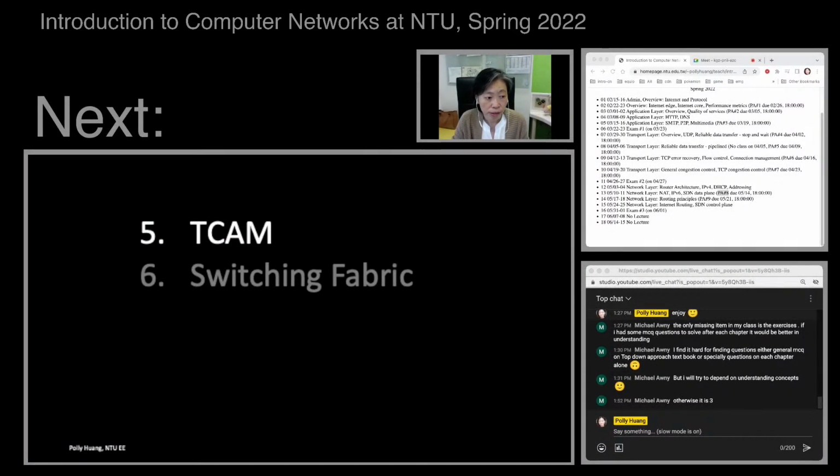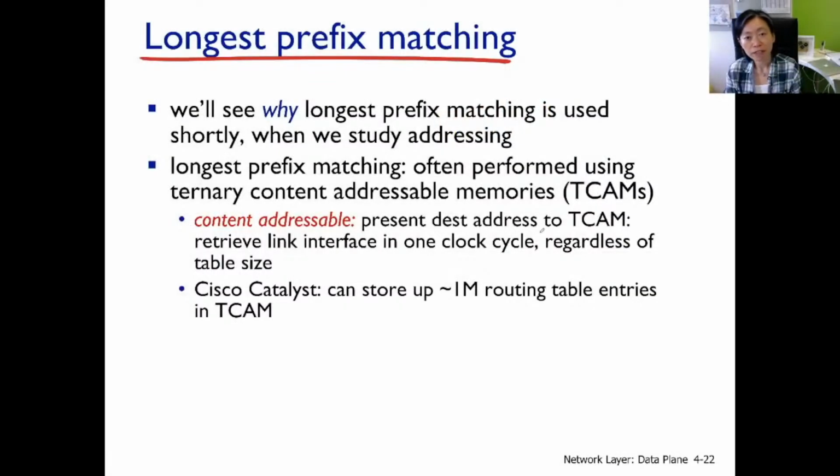So this is to summarize a little bit of longest prefix and to tell you how exactly fast matching, fast forwarding can be done on the routers. Usually we use a very expensive kind of memory called TCAM. Longest prefix matching is really nice because in the forwarding table there are so many fewer entries, as opposed to 2 to the power 32.